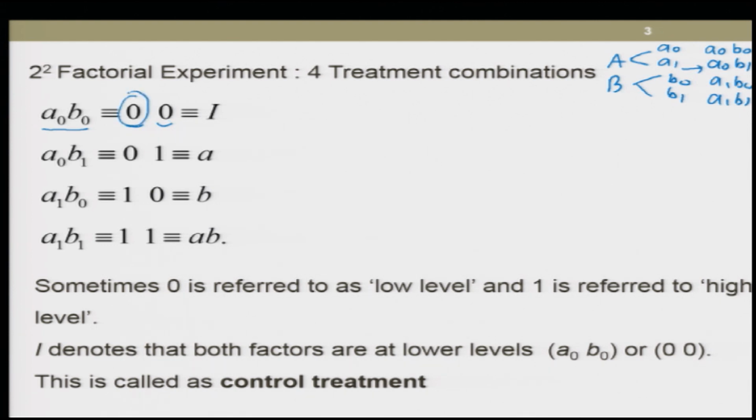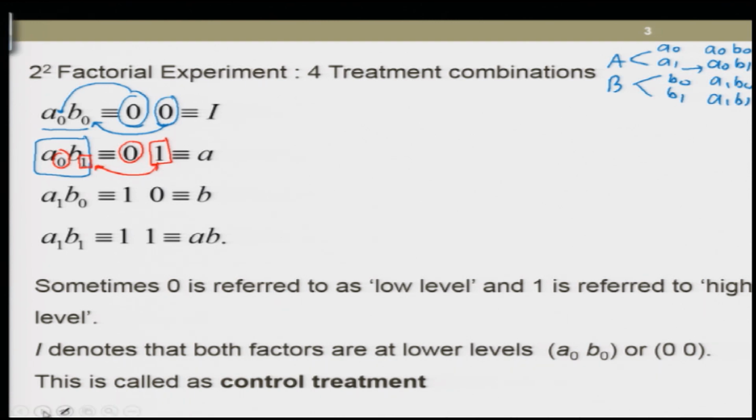This 0 corresponds to the level of A and this 0 corresponds to the level of B. Similarly, if I take A0 B1, then this 0 and this 0 are the same, and this 1 in B1 and this 1 in the rectangle are the same.